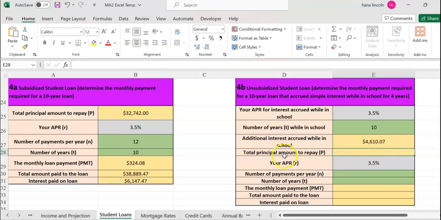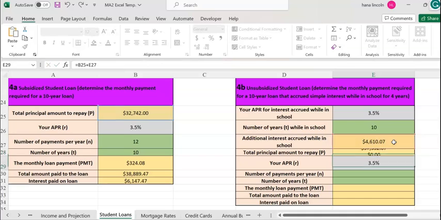Now the total principal amount to be repaid is of course equal to the loan amount plus the interest that's accumulated while you are in school. That's your loan amount assumed after graduation.